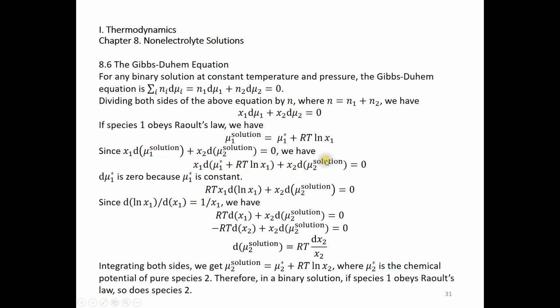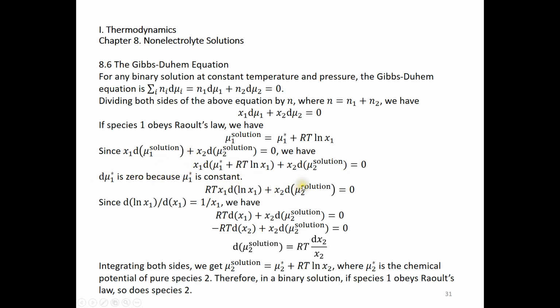And then we have this equation. We are replacing mu1 in the solution with mu1 star plus RT times the natural logarithm of x1. x1 is a mole fraction of component 1 in the solution, and d mu1 star is 0 because mu1 star is a constant.